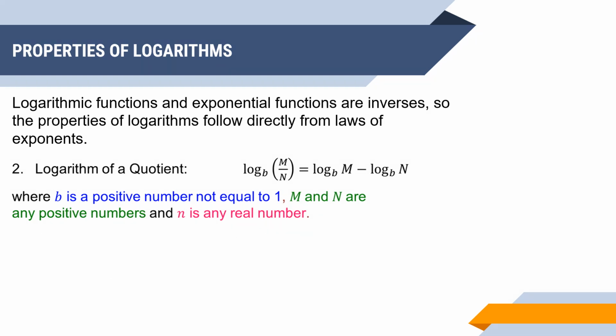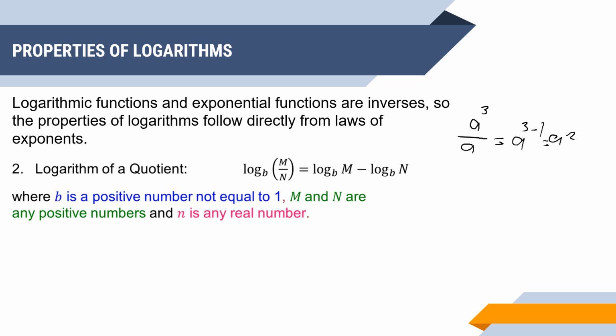We have the logarithm of a quotient. So again, going back to our exponents, if we have a cube over a, this is equal to a to the 3 minus 1, or a squared. So again, we subtracted the exponents if we are dividing exponents with the same base.